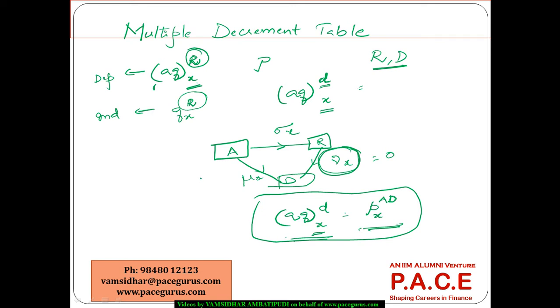Now we can try solving for A Q X. In reality, we will see A Q X R as well as A Q X D. How are we able to solve this? Let's look at the differential equations from Kolmogorov's part.